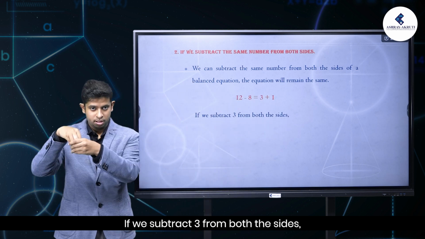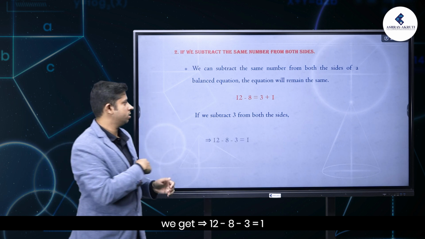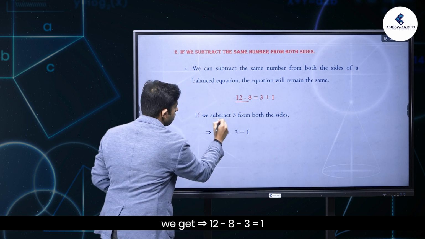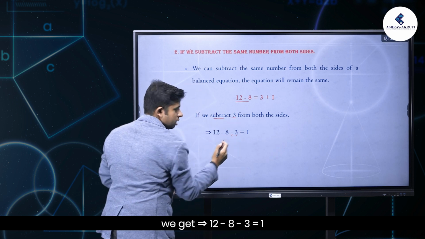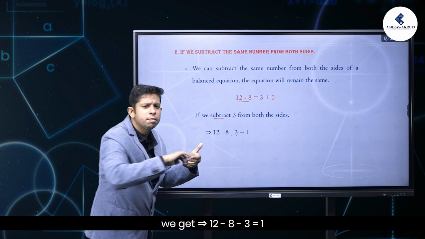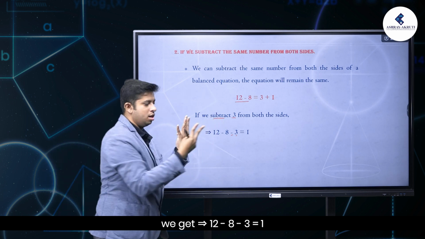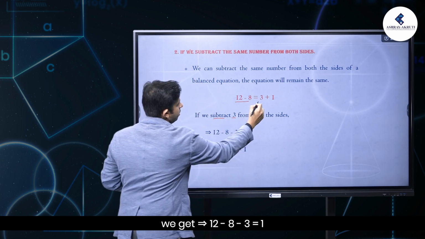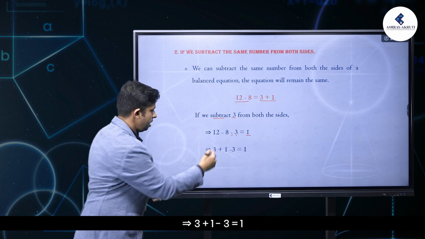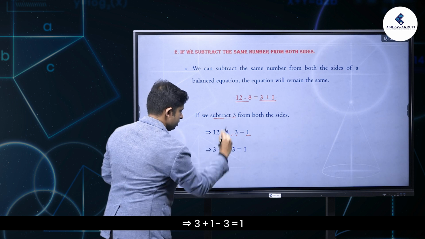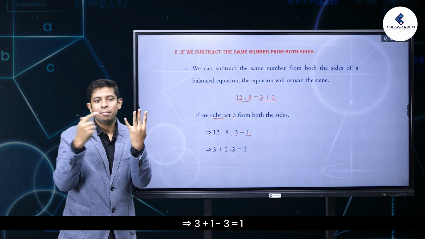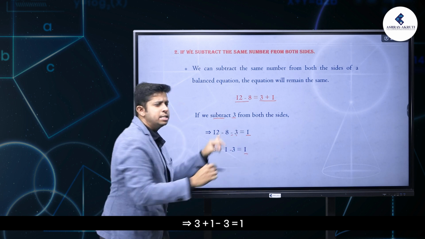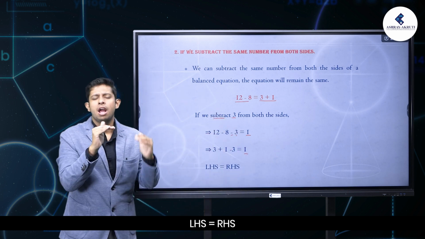If we subtract 3 from both the sides, we get 12 minus 8 minus 3 equals 1, and 3 plus 1 minus 3 is equal to 1. LHS equals RHS.